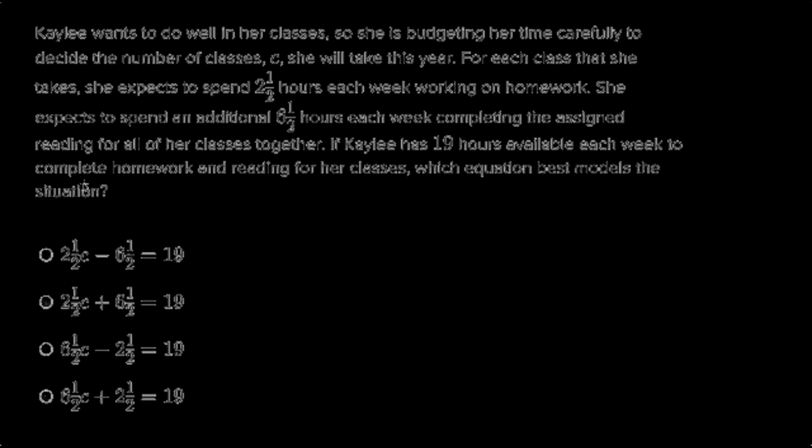All right, so she has a total of 19 hours available each week to complete homework and reading for her classes. So how much time is it going to take her to complete the homework? Well, it says that she expects to spend 2.5 hours each week working on homework for each class that she takes.